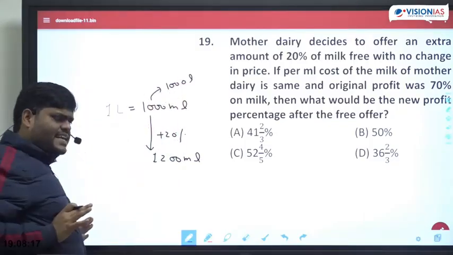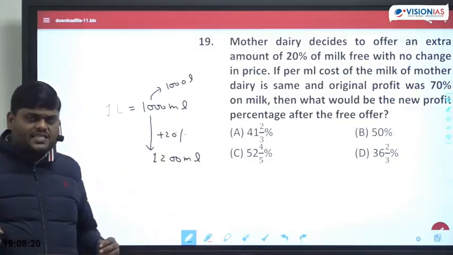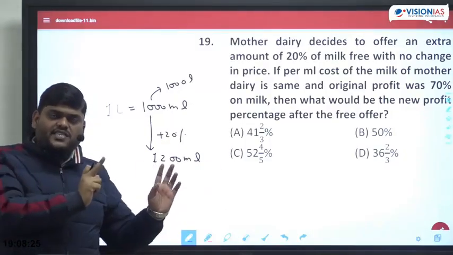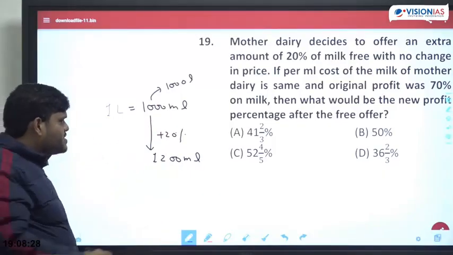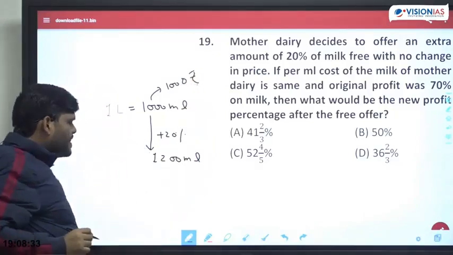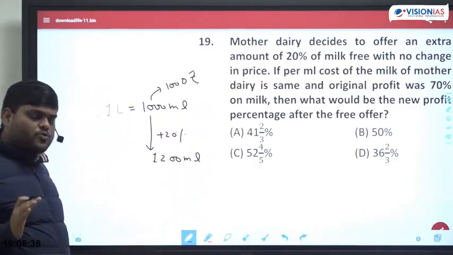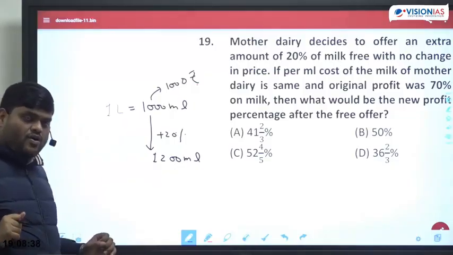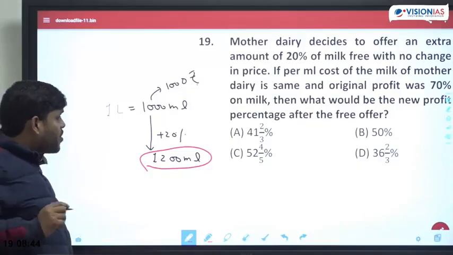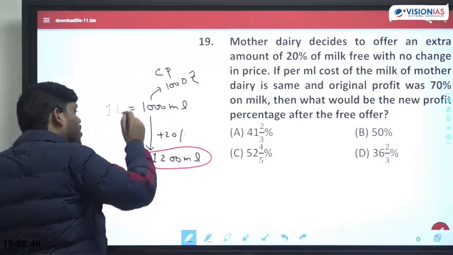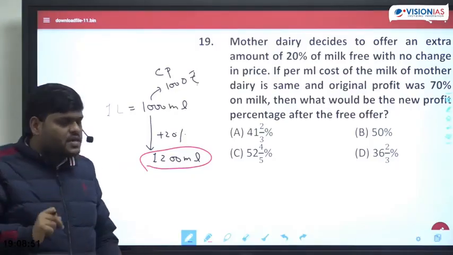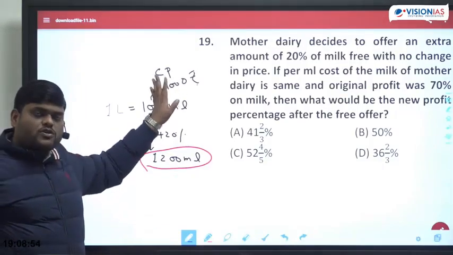This is just for our understanding. Sorry, the cost price of 1000 ml of milk was 1000 rupees.